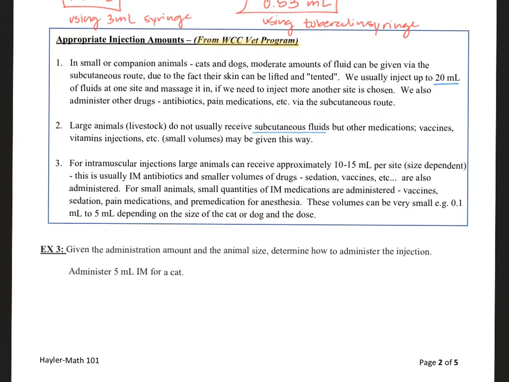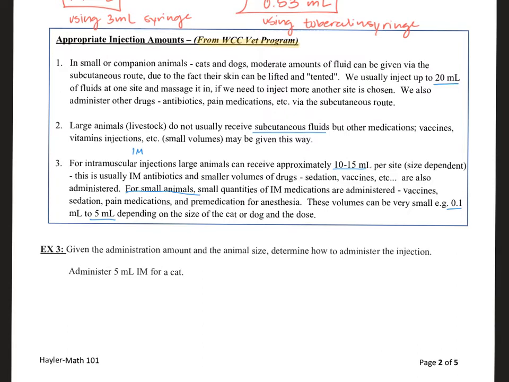For intramuscular injections, so IM, large animals can receive approximately 10 to 15 milliliters per site. And small animals, let's see, what can it be? The volumes can be very small, 0.1 milliliters to 5.1 milliliters, depending on the size of the cat or the dog or the dose. So that was a very quick overview. That's something you'll be learning more in your other classes, but just something to give you a heads up.